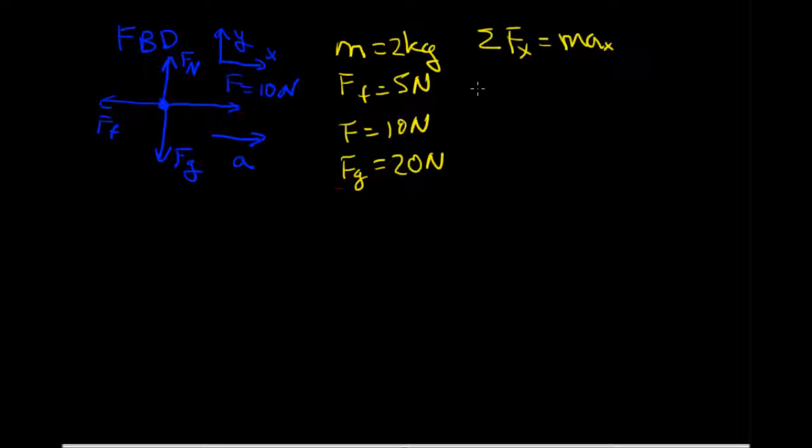That way one of our sums gives ma and the other one gives 0. It simplifies our math. We don't have components for our acceleration. And so the sum of the forces in the x direction equals ma sub x. We can just call that ma because all of our acceleration is along the x direction if it's accelerating.